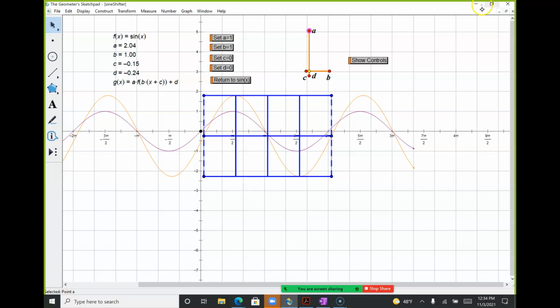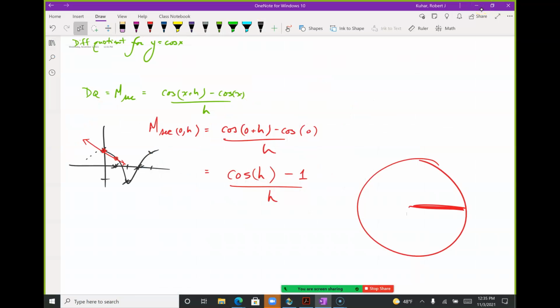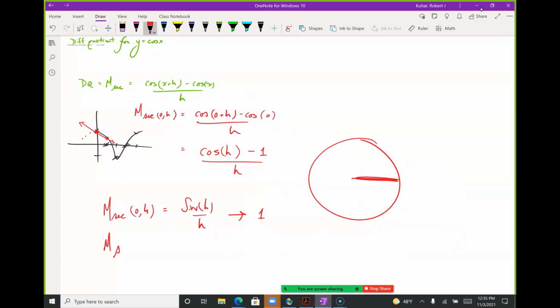So if you remember from Monday, we had the m sub sec of 0 comma h of sine. We had sine of h over h, and that went to 1. That slope went to 1. And if we have the secant slope of 0 comma h now of cosine, we have cos of h minus 1 over h.